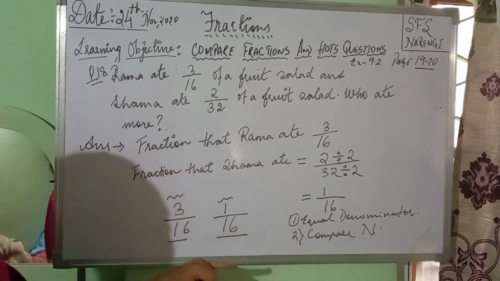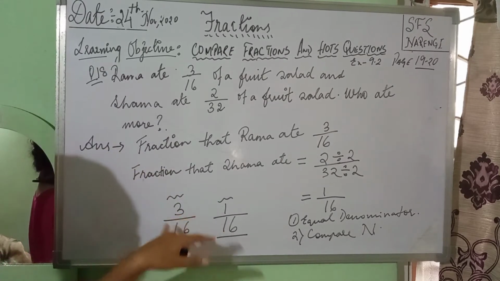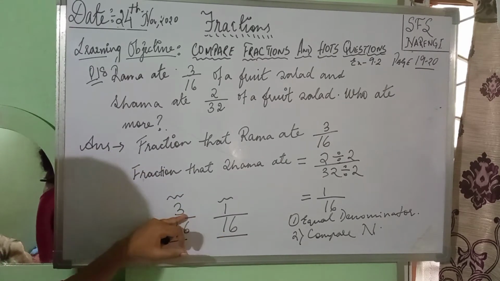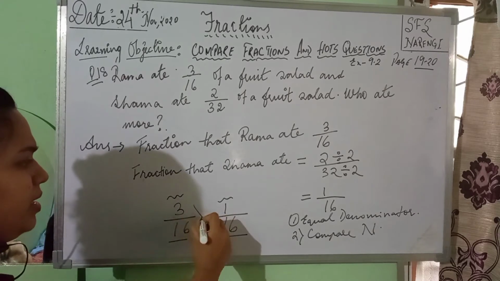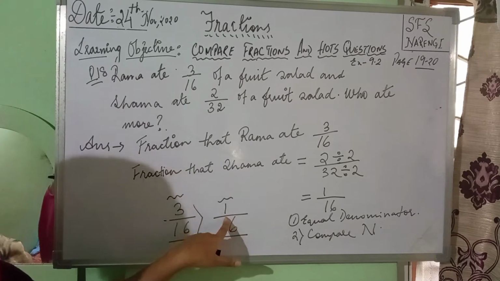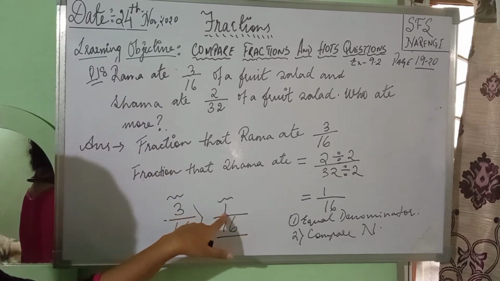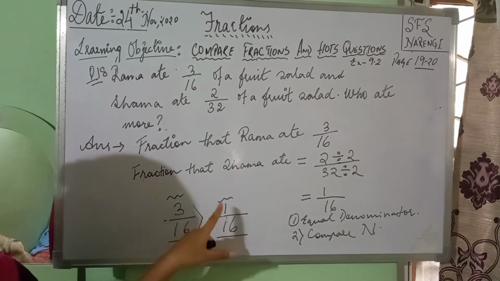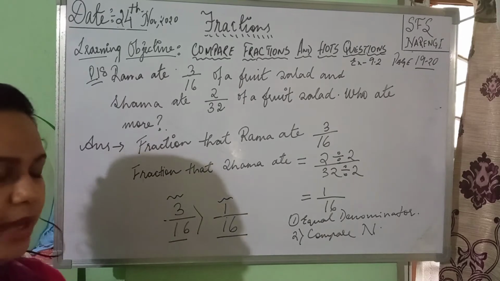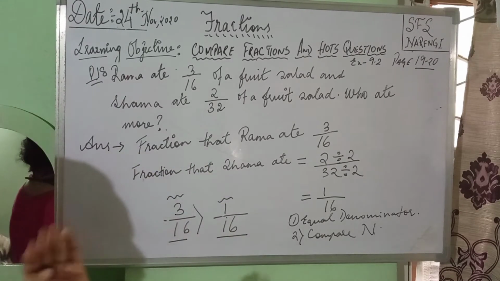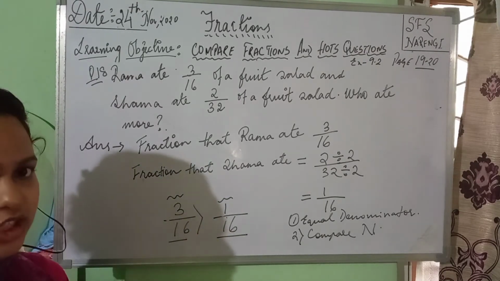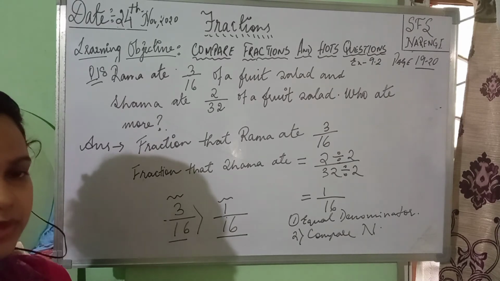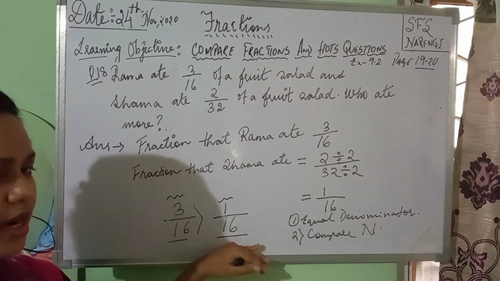Now see children, the denominators are equal. See the numerators. Since 3 is greater than 1, what can I say? 3/16 is greater than 1/16. Okay? I am repeating it again. To compare fractions, the first thing that you have to see is whether the denominators are equal.